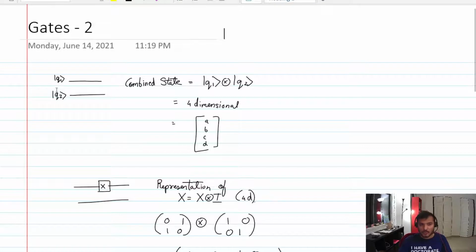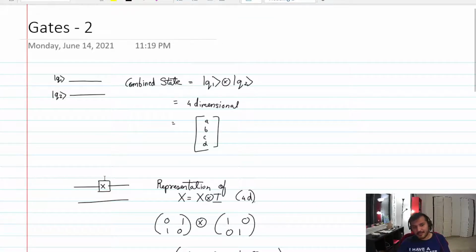But now, whenever you have multiple qubits, you should think of states as these four-dimensional objects. For 3 qubits, it'll be an 8-dimensional object. So whenever you have multiple qubits, always think of the state of the system as a product of all of them. If they're entangled, it can't be written as a product, but it's always a combined state. Whenever you have multiple qubits, only think of combined states.